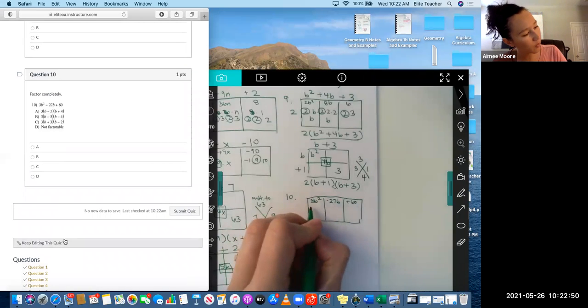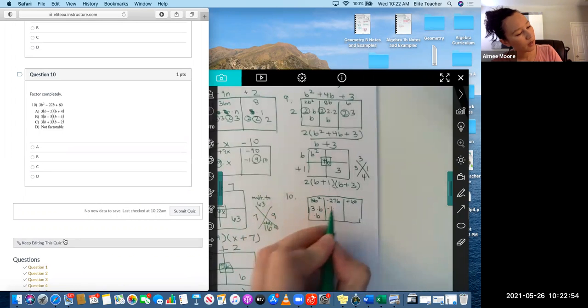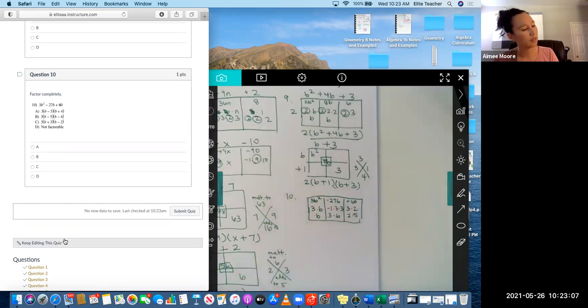Okay, so 3b squared, that's 3 times b times b. Negative 1 times 3 is 9 times another 3 is 27 times b with 3 times 2 is 6, times 2 is 12, times 5 is 60. So it's completely expanded.